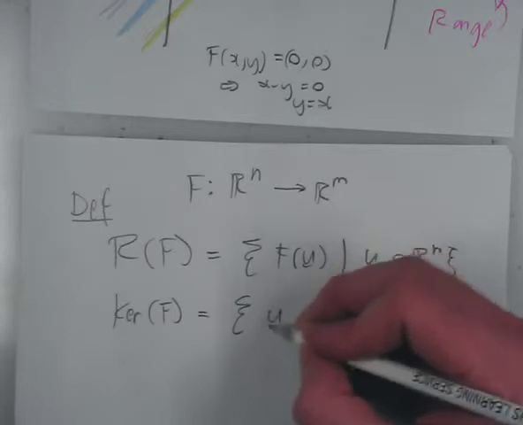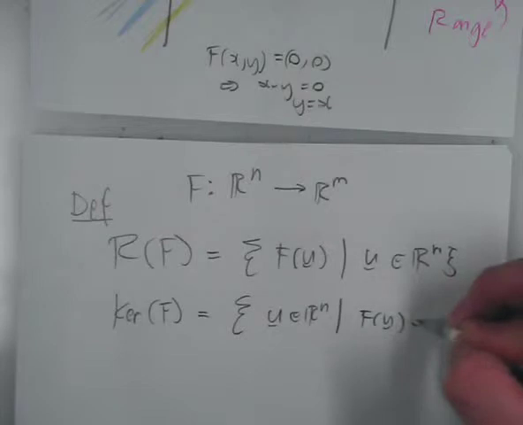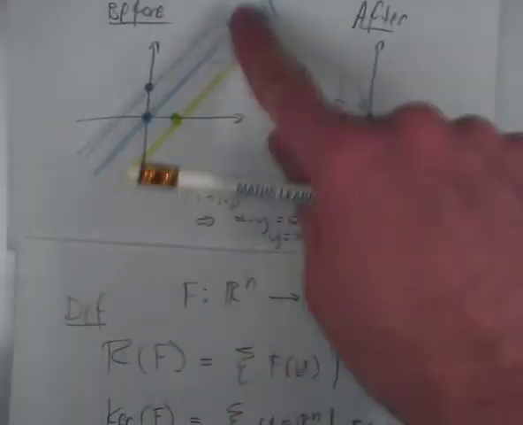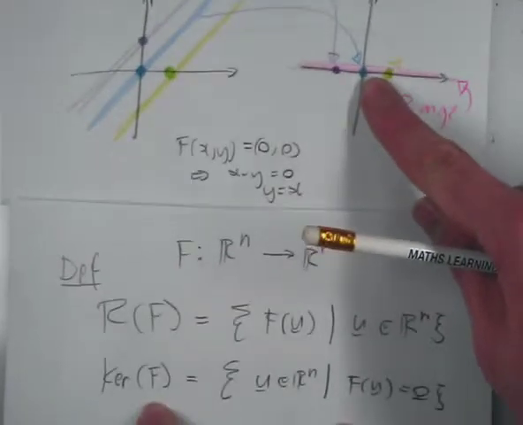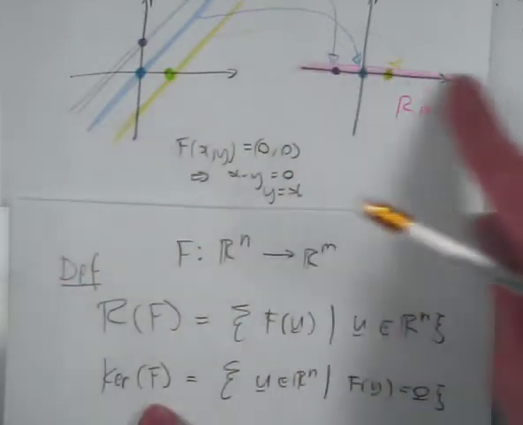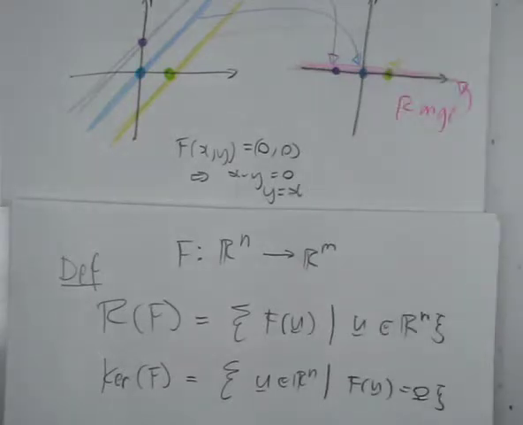So it's the set of vectors in Rn such that f of u is 0. It's saying I need to pick vectors in the before space so that afterwards they end up at the 0 vector. That's the kernel. The range says I need to take all possible vectors and see where they go and what I produce afterwards. So the range lives in the after space and the kernel lives in the before space. But they are both subspaces.